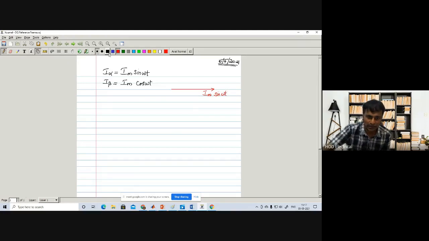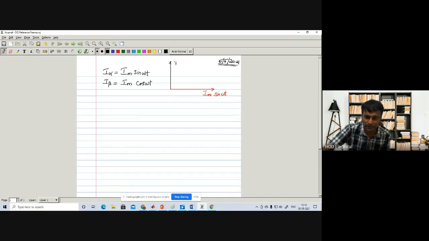Then I beta is at 90 degrees, since our situation is sine and cos, the angle displaced between these two waveforms is 90 degrees.